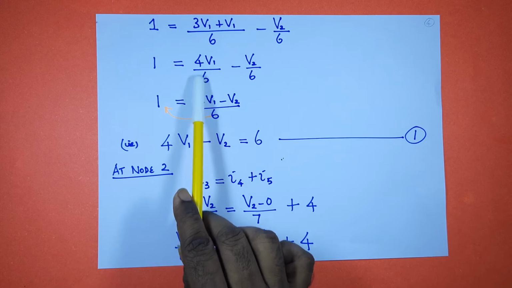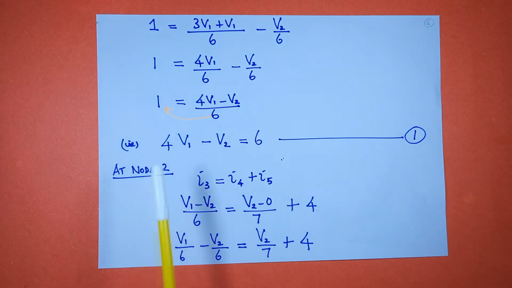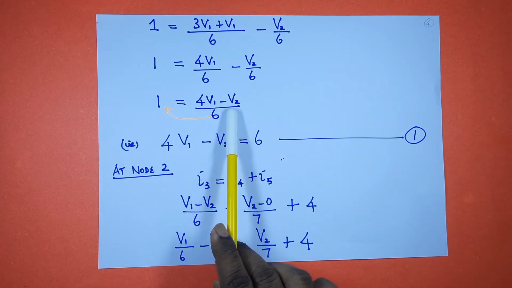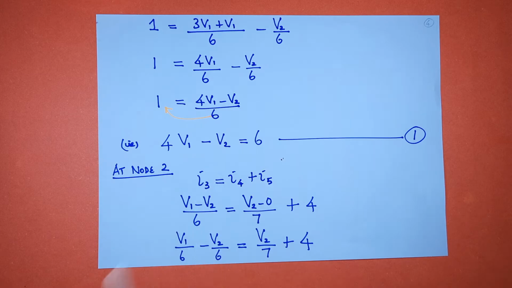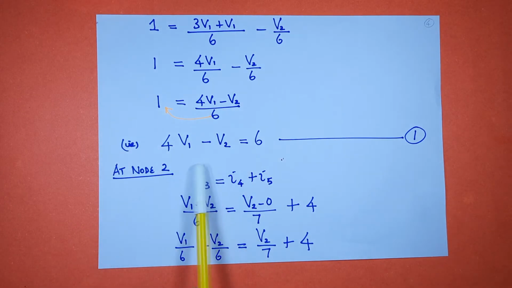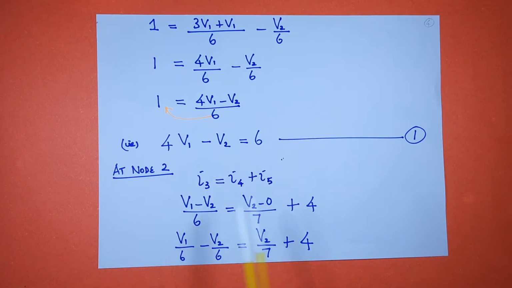So 1 equal to 4V1 divided by 6 minus V2 by 6. 1 equal to 4V1 minus V2 divided by 6, common denominator. Now you can take this side. So you can write this equation, that is 4V1 minus V2 equal to 6. This we call equation number 1.